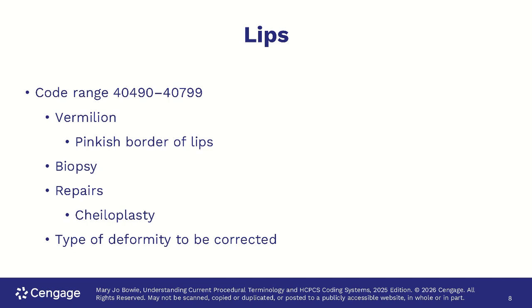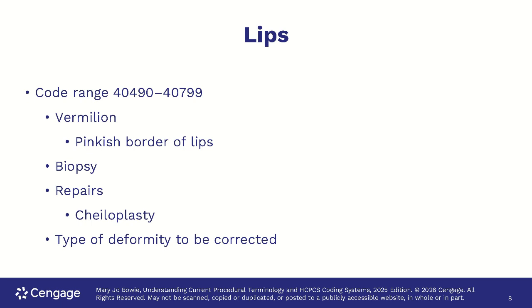All right, so on to the lips, top down approach. For lips, make sure when you're in this surgery section, you have the right procedure and the right body part. This particular section with lips begins with codes for excision procedures. A term that you should be familiar with is the vermilion, and that is the pinkish border of the lips.